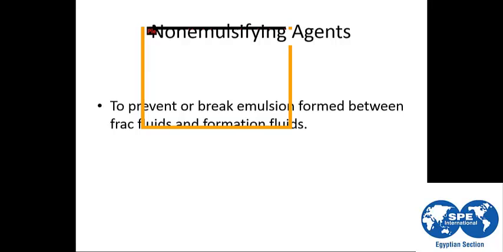This high viscosity will result in a reduction in the production rate, and it will significantly affect the well deliverability, because this emulsion with this high viscosity will remain inside the pore spaces and prevent the hydrocarbon from moving through these pore spaces. So we are using the non-emulsifying agent to break this emulsion once it is formed, to avoid the reduction of the well deliverability.